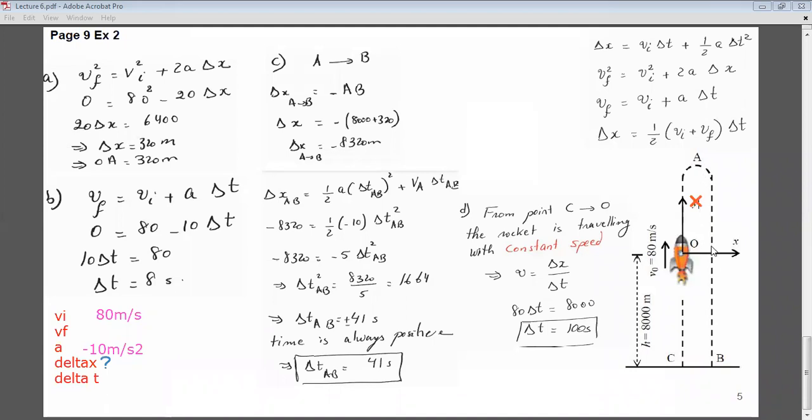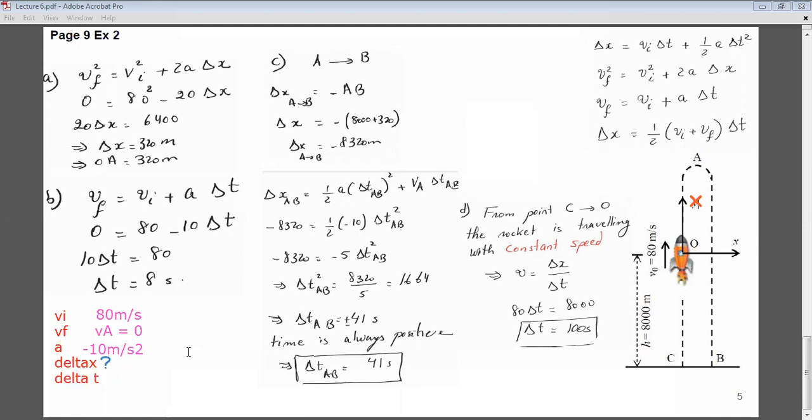So what other information do I have between O and A? I have the information that it stops at A. So I have that VF, which is VA in this case, VA is equal to 0 because it stopped. And in the first part, I need to determine delta x.